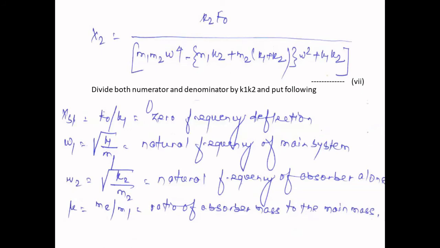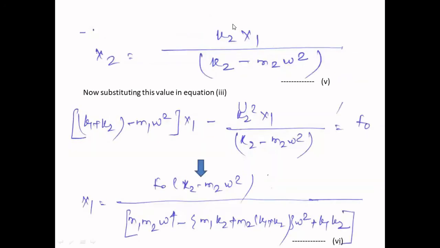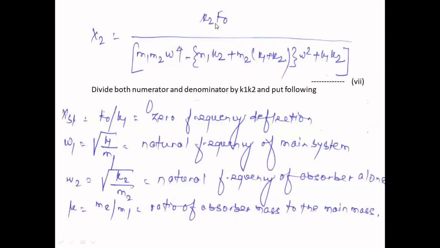Now to further simplify, for both the equations of x1 and x2, you divide the numerator as well as the denominator by k1, k2, and put different ratios in terms of the given parameters.